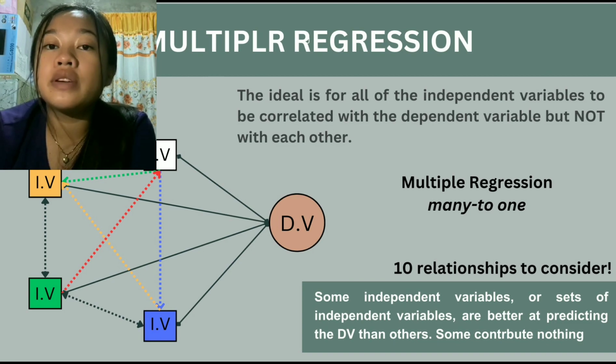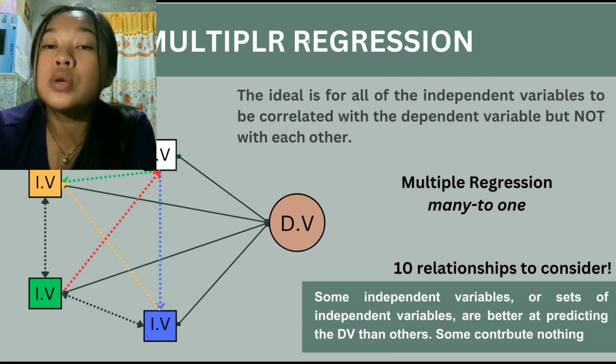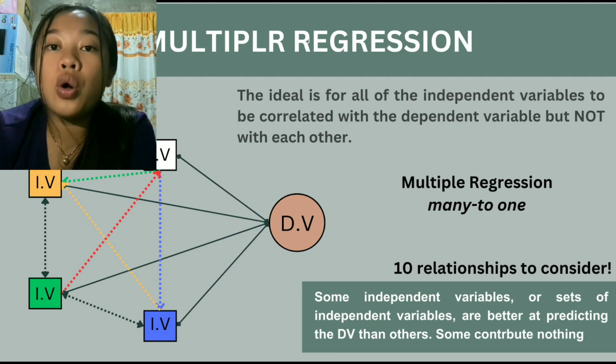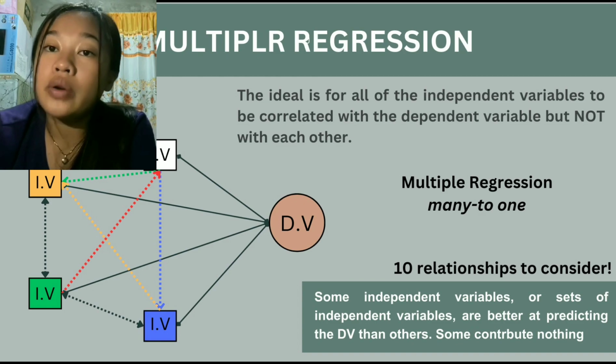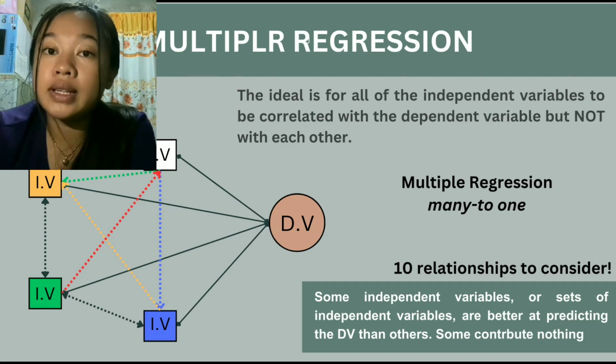And some independent variables contribute nothing. So we'll have to decide which independent variables to include in our model and which to exclude. So again, the idea is for all of the independent variables to be correlated with the dependent variable, the orange lines, but not with each other, the colored dotted lines here.